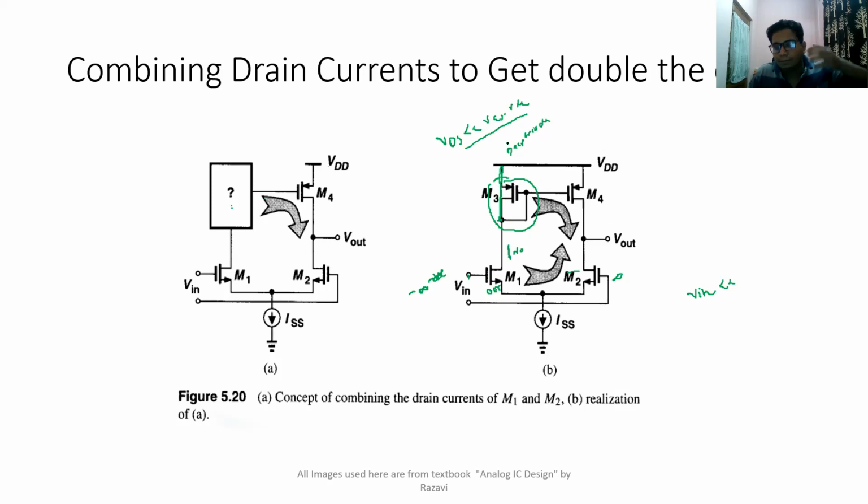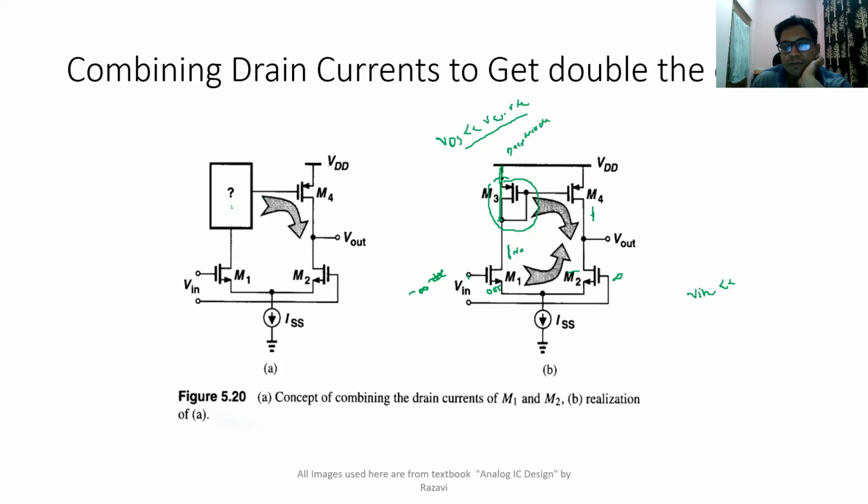Similarly, because there is no current flowing here, and this is a current mirror circuitry, what will be the current flowing here? If there is no current flowing in this branch, what will be the current flowing in this branch? Sir, VDD. No, that is voltage. I'm asking about current.